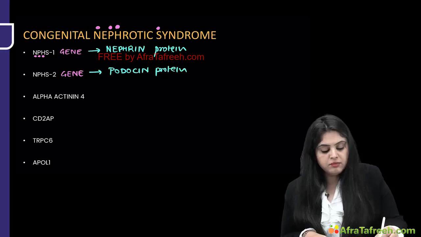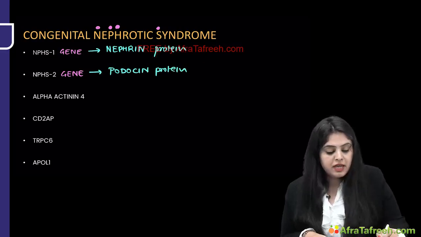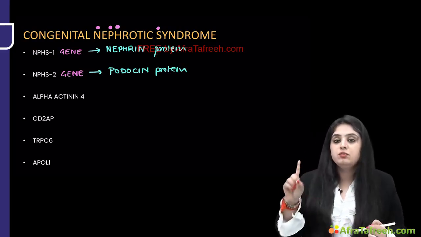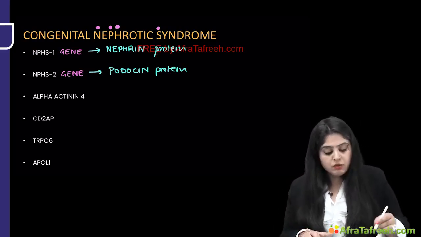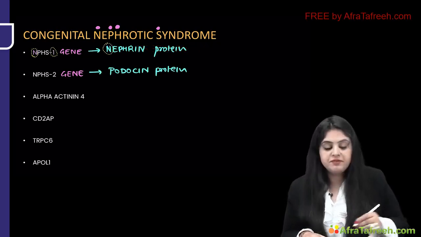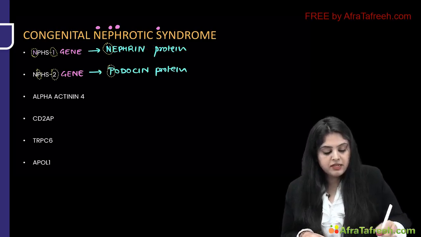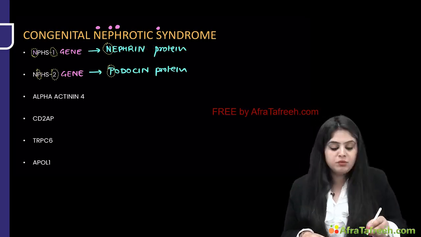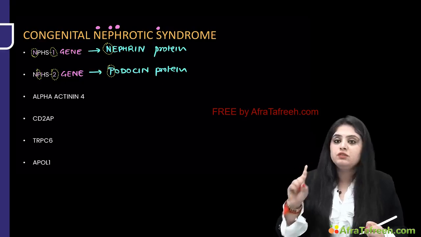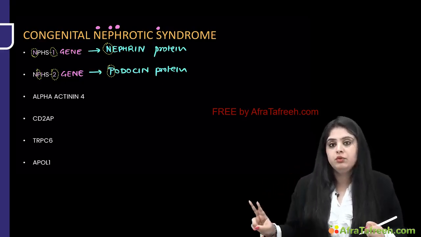So have a look at the names. When you say NPHS1, the first alphabet is N, so obviously the first alphabet, N, will give you nephrin. Whereas if you take NPHS2, you take the second alphabet, P, podosin. So NPHS1, N, nephrin. NPHS2, P, podosin.